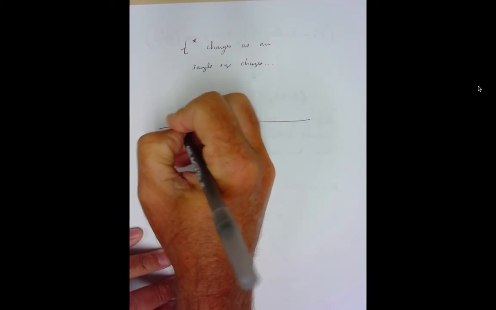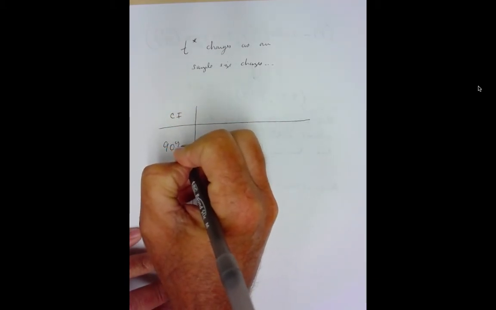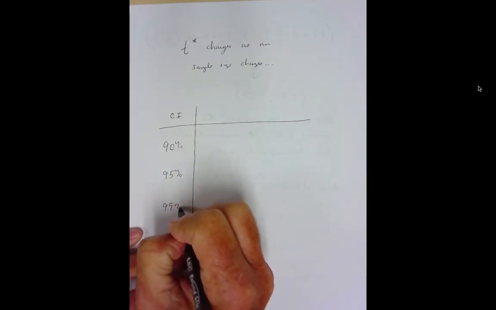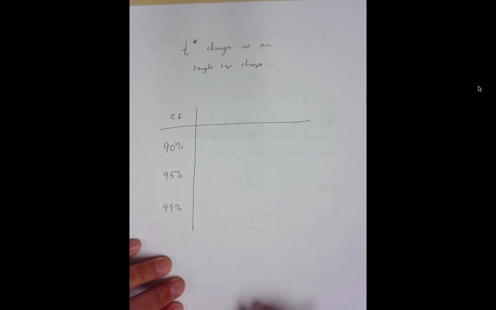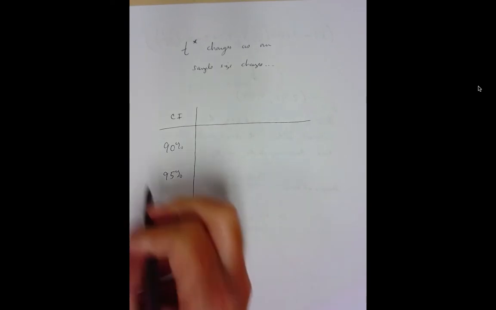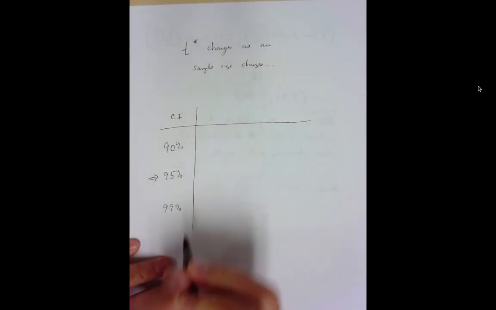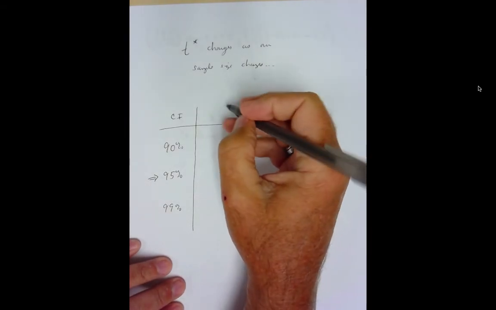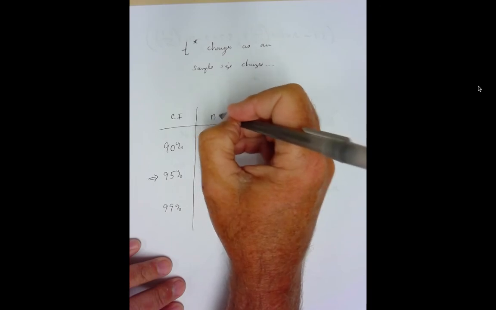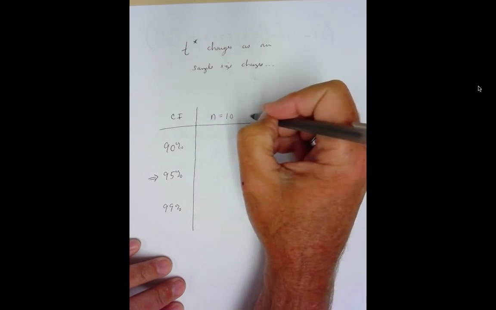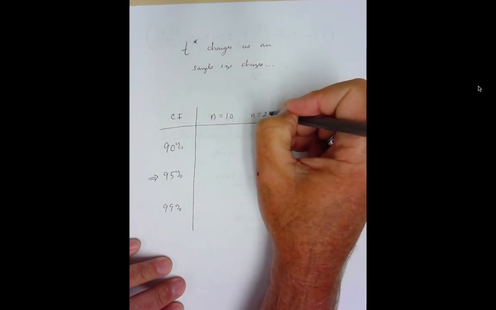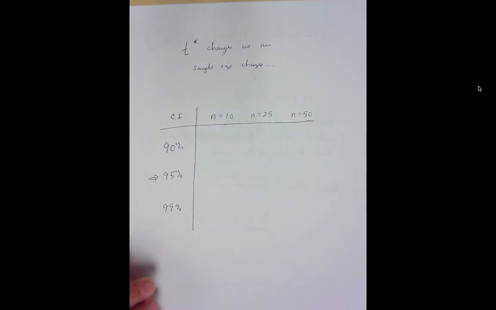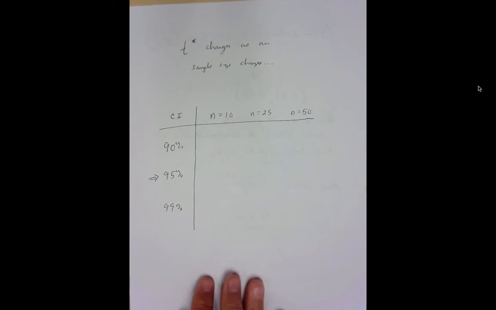Now guys, again, I've told you in the previous video that the 3 most commonly reported confidence intervals in research are the 90%, 95%, and 99%. The industry standard, without question, is 95%. Now, let's find the T critical for different values of n.